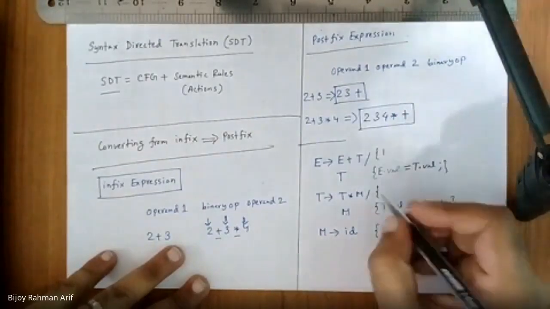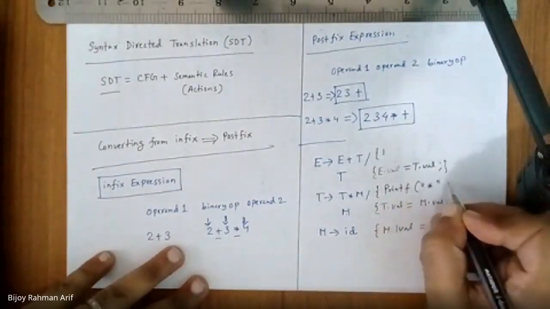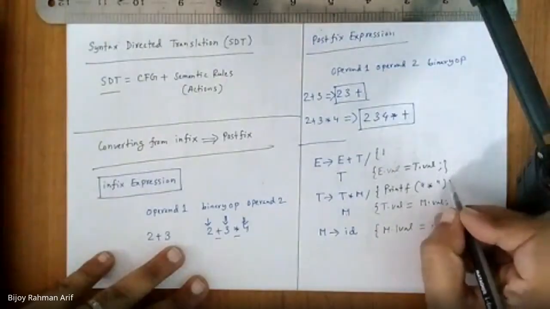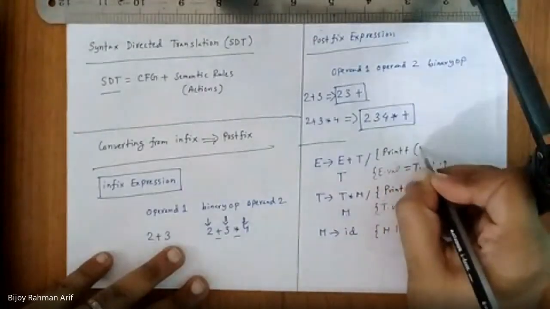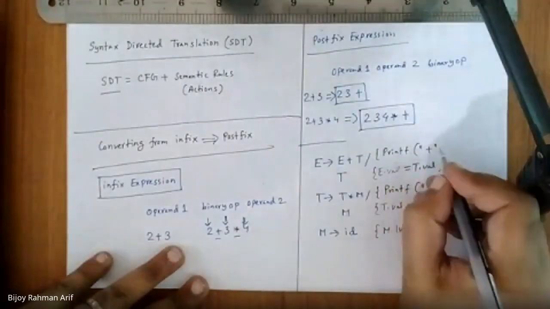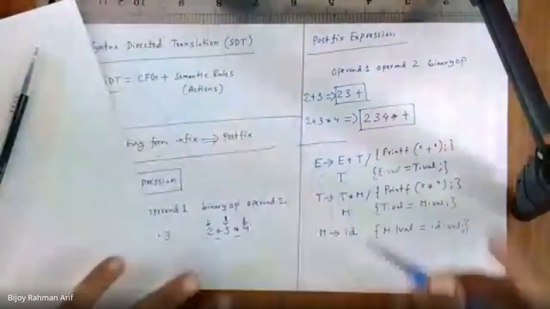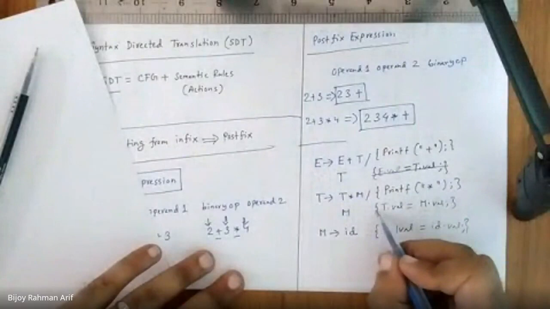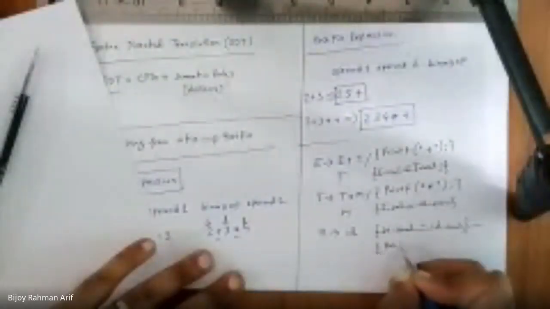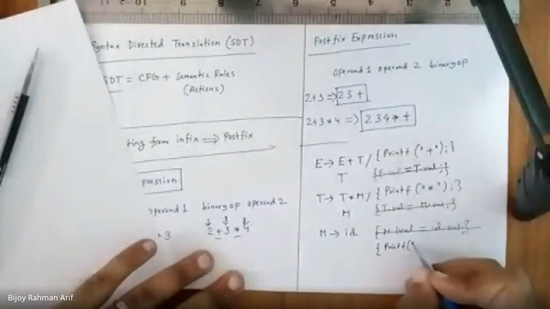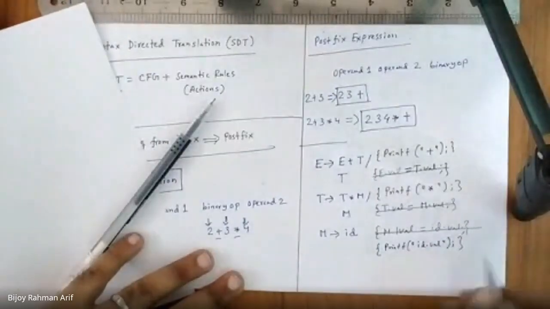We are going to simply write printf star, printf plus. You don't even need this one. So just simply write printf id dot one. That is more than enough.